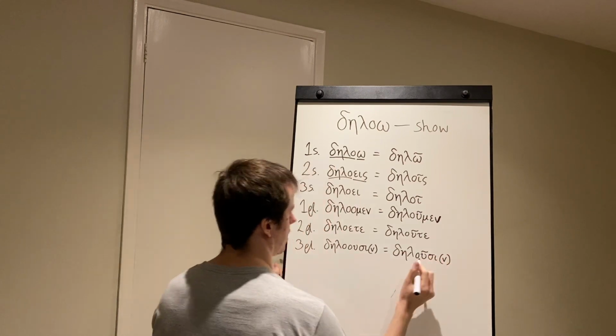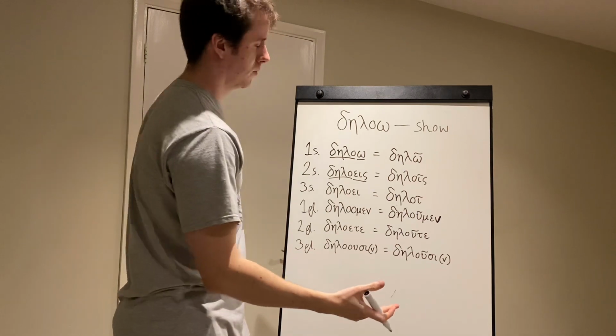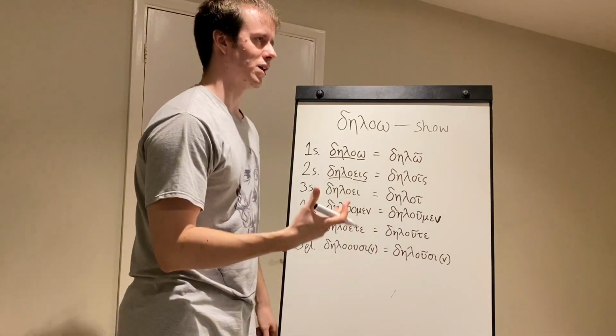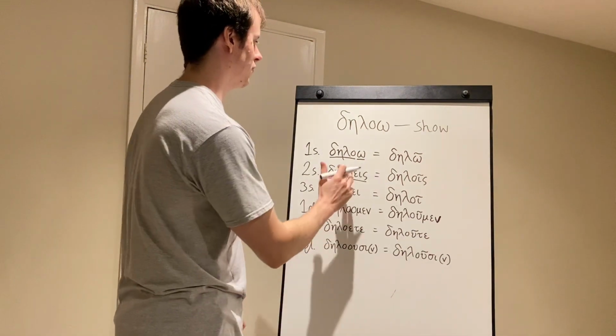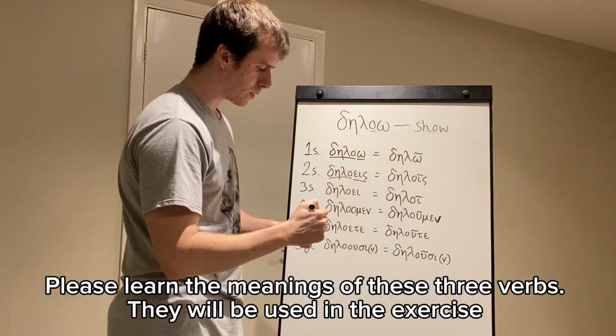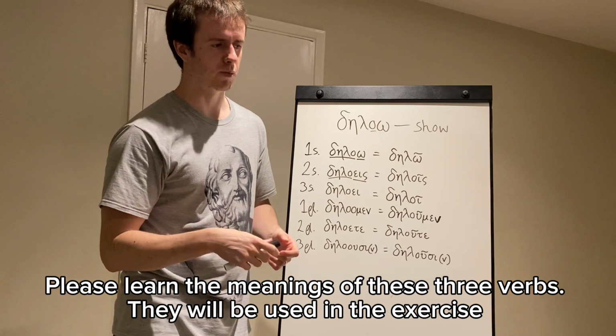So you have now seen a paradigm for verbs with stems ending in alpha, namely horaō. You've seen one for verbs with stems ending in epsilon, namely poieō. And finally, you've seen one for verbs with stems ending in omicron, namely dēloō. And I would say these are the three most popular paradigms used in textbooks.